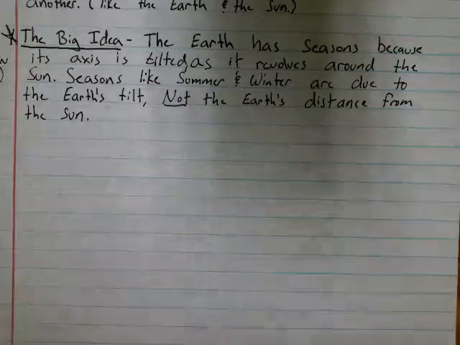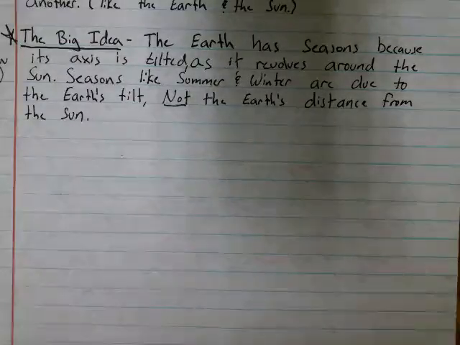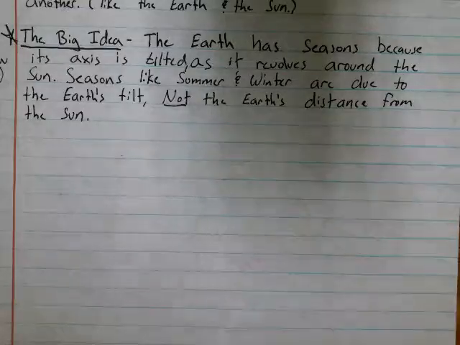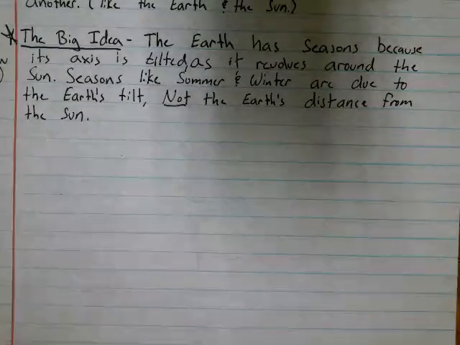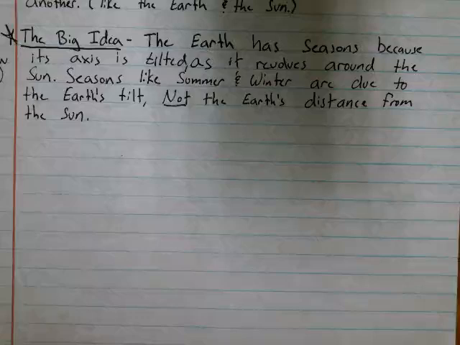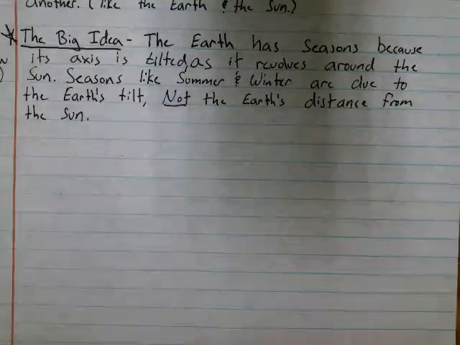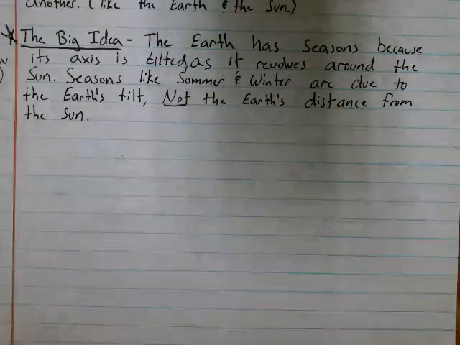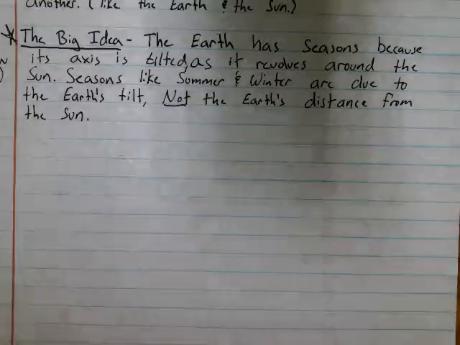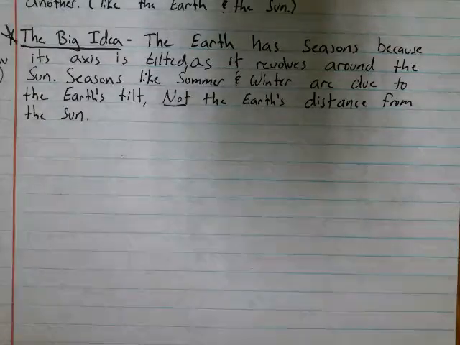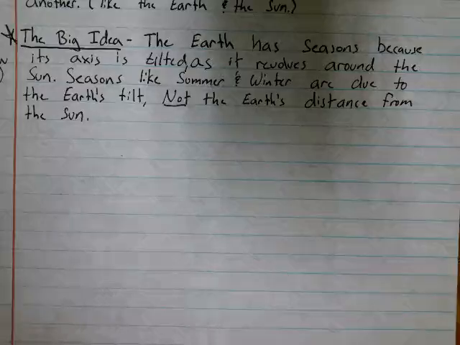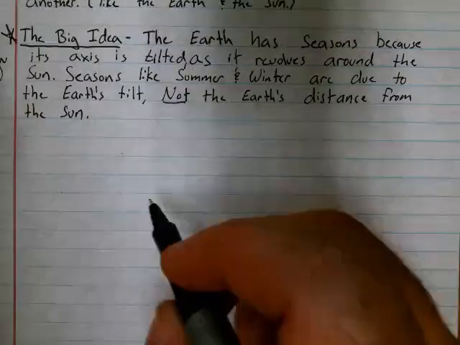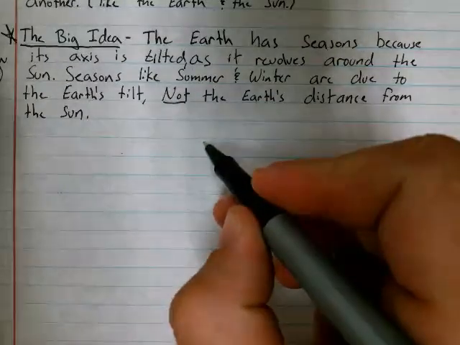So we often talk here on Earth about summer, winter, spring, fall. And those are really determined by the position of the Earth around the Sun and its tilt. So I'm going to draw a little sketch right here that I'm going to ask you guys to draw as well. I'm going to draw 4 Earths and a Sun.